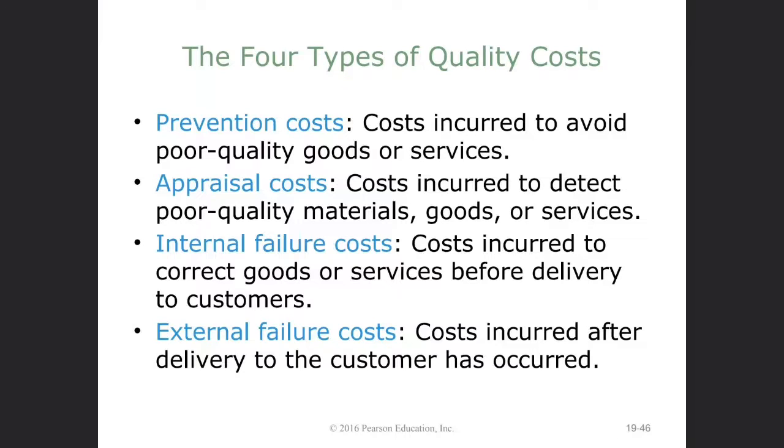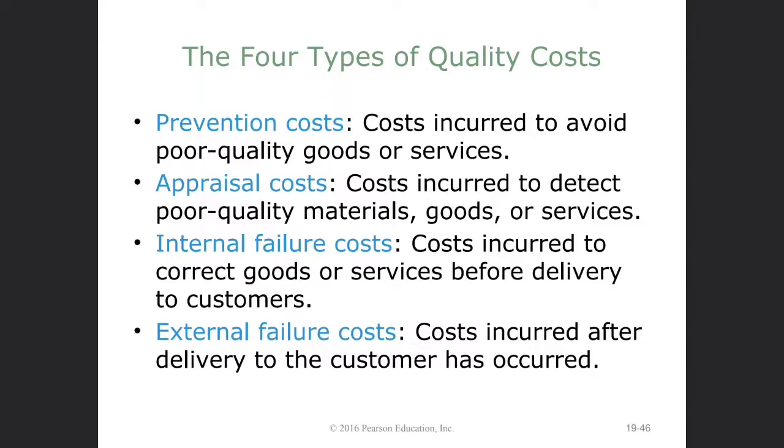Internal failure cost. Cost incurred to correct goods or services before delivery to customers. So these are internal costs that happen before the products are delivered to customers. So maybe like testing the product. We went through a few examples back on the slides.